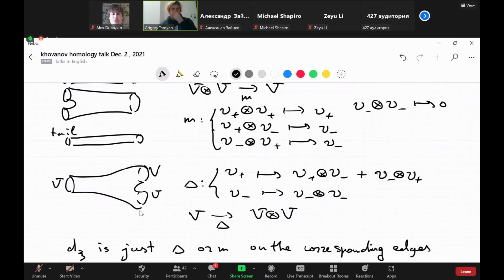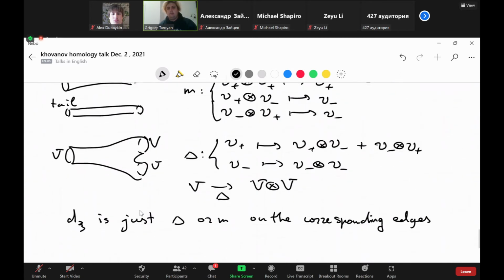Sorry, it's psi rather than sigma. What is the index of D? I think it's psi. Yes, psi. Okay, thank you. So d psi is a multiplication when two circles merge into one, and it is a comultiplication if two circles are born from one circle.